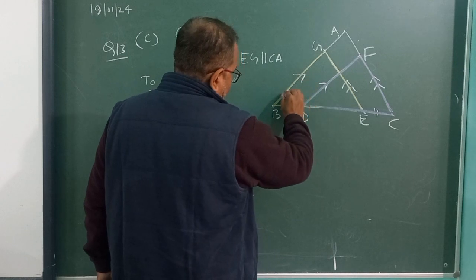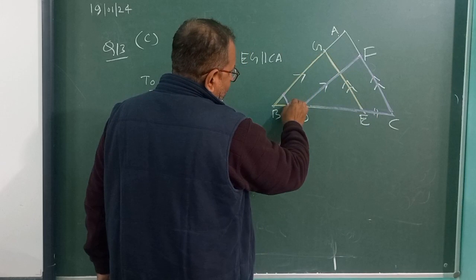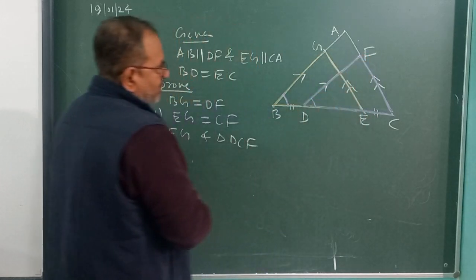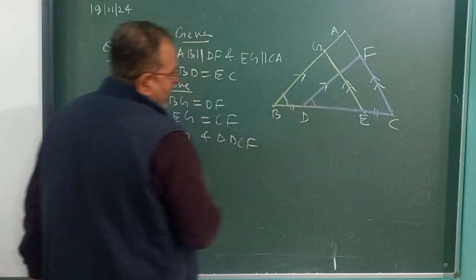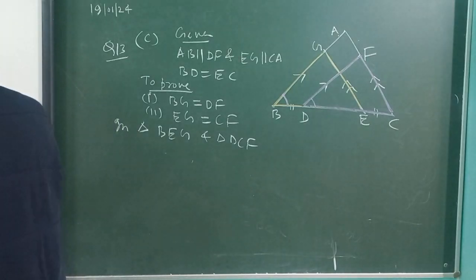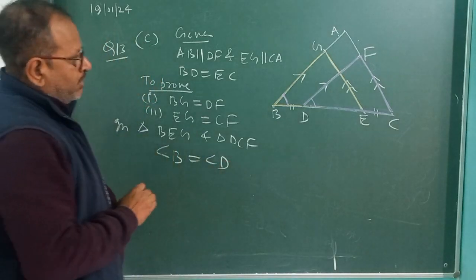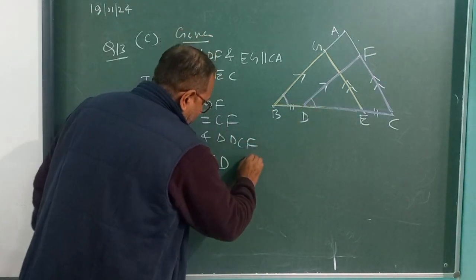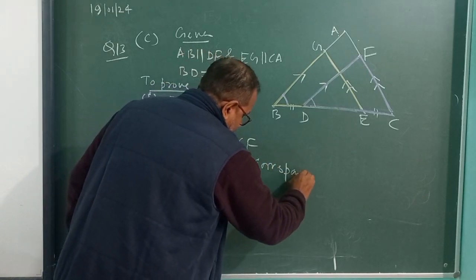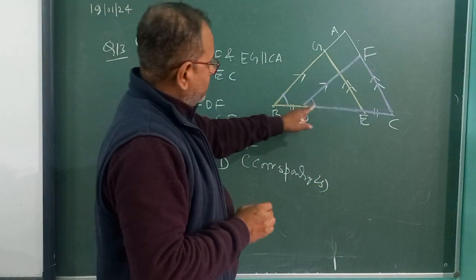In triangle BEG, angle B, and in the next triangle FDC, angle D, both will be equal. Angle B and angle D are equal. So write angle B is equal to angle D. Reason, corresponding angles.